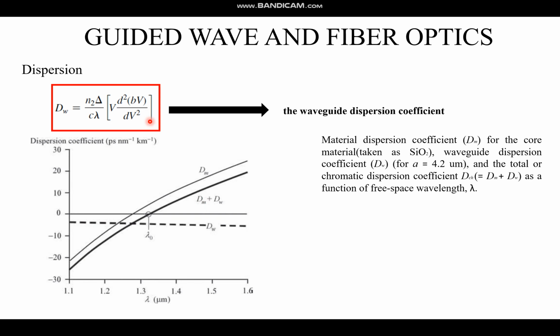Another is the waveguide dispersion coefficient, which is related to the structure of the optical fiber. This D is the material dispersion, and this dashed line is the waveguide dispersion coefficient. This is related to the fiber design, so we can make a non-zero dispersion shift using the waveguide dispersion coefficient.